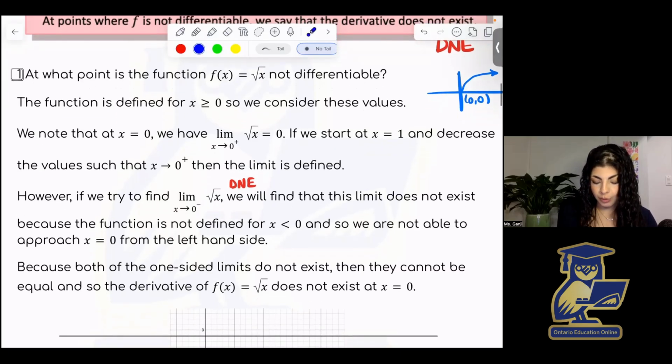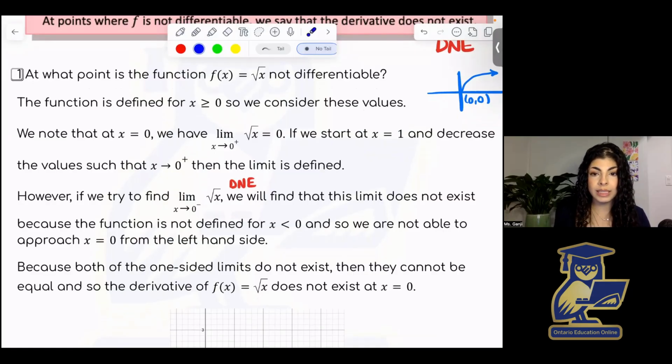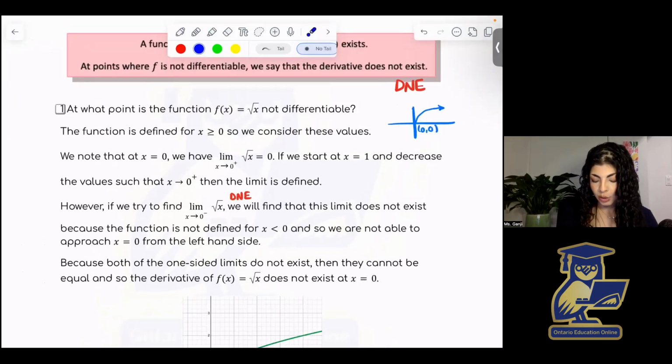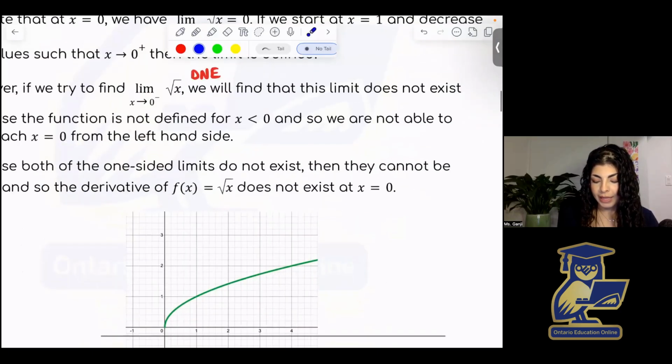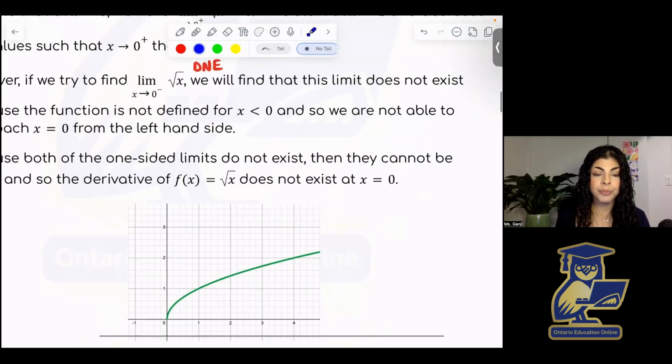Then we say the derivative of f of x at that point also does not exist, because if you use the derivative definition with the limits, you'll see that you have no point from the left-hand side to approach. So the function is not differentiable at x equals 0.